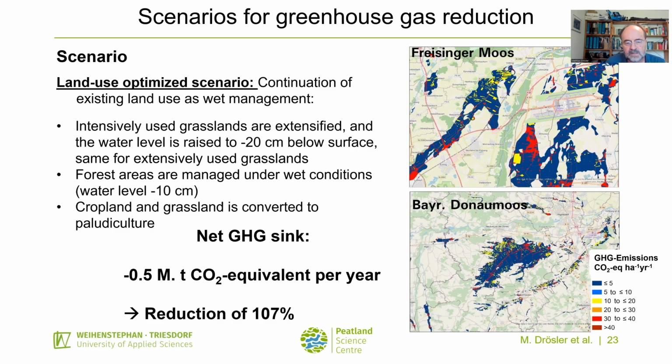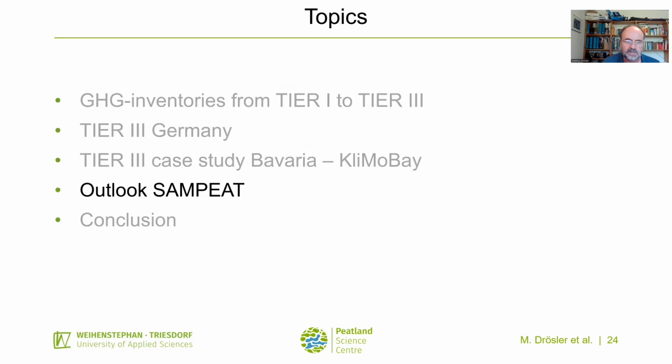And the interesting result was that from these 6.7 million tons CO2 equivalents, we came down to minus 0.5 million tons CO2 equivalents. And that is really a big reduction, even under the current climate.